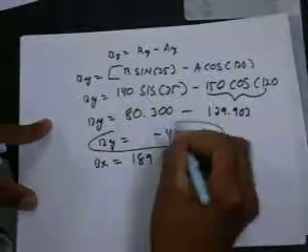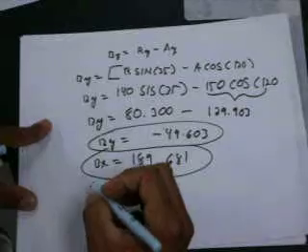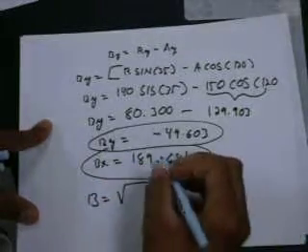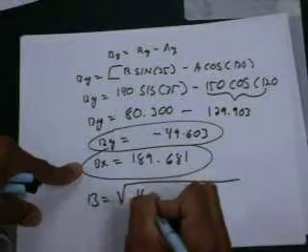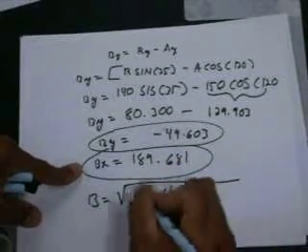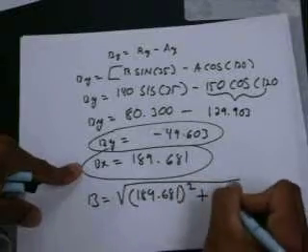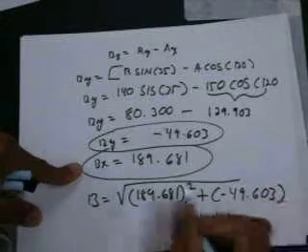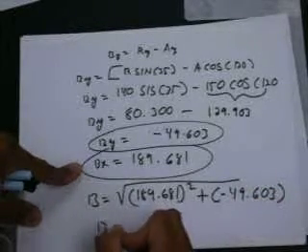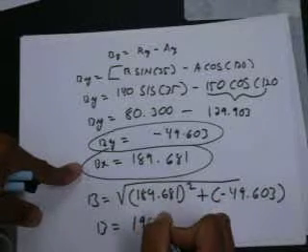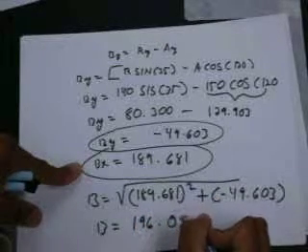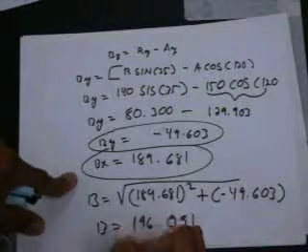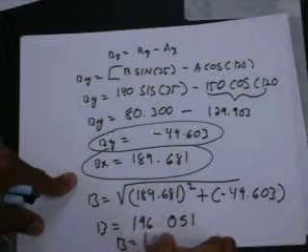This is our B of Y, B of X. We do the Pythagorean theorem, which is B equals the square root of 189.681 squared plus our B of Y, which is negative 49.603, which we do the math and we get 196.051. Our magnitude was B equals 196.